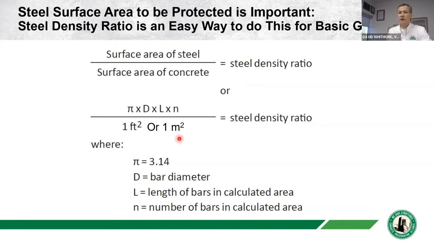So we'll calculate the square meters of steel surface area embedded within 1 square meter of concrete surface. If we're doing the same calculations in the States, because they work in the old English units, we will do the same thing, but square feet of steel surface area relative to 1 square foot of concrete surface. And there's no need to tell you what pi is or anything else.